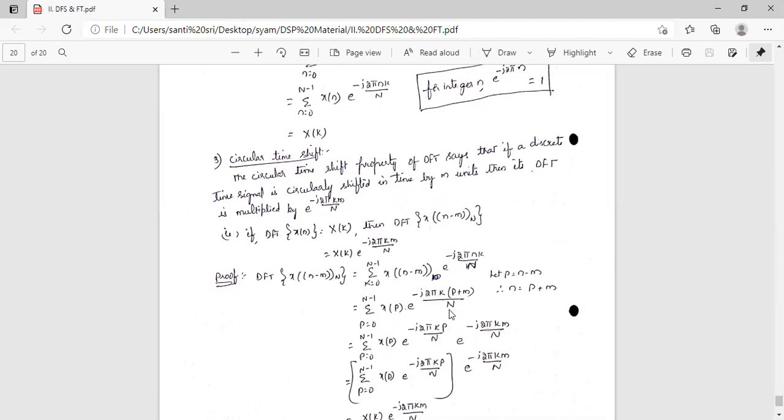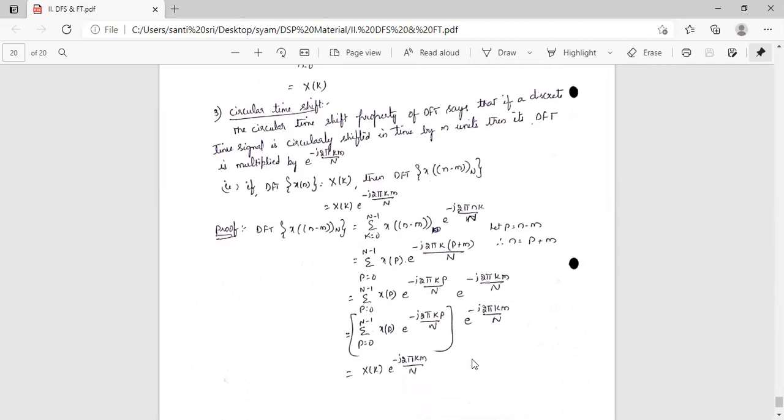It can be written as e power minus j 2 pi k p by n times e power minus j 2 pi k m by n. So this is nothing but x of k into e power minus j 2 pi k m by n. So this is about the circular time shift.